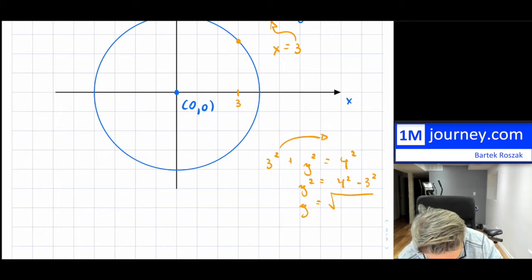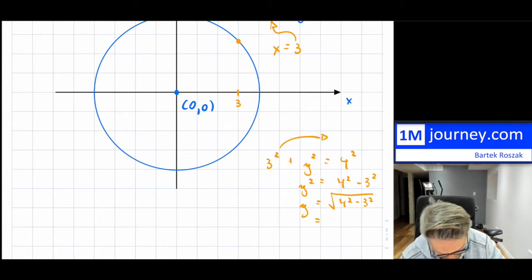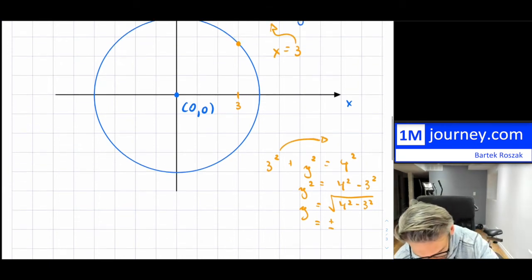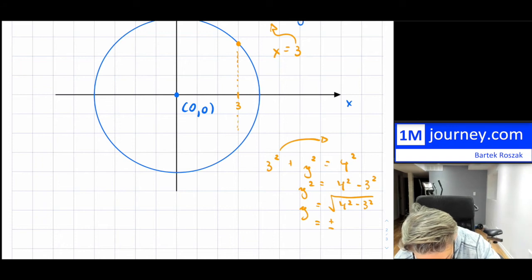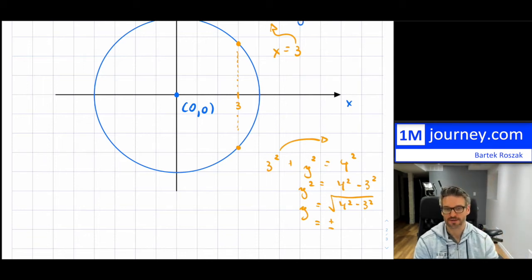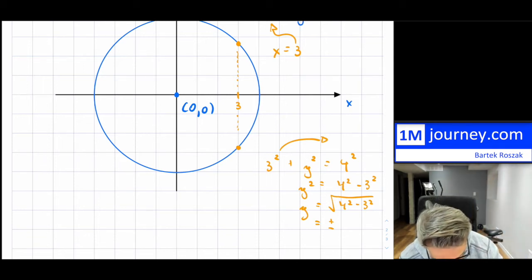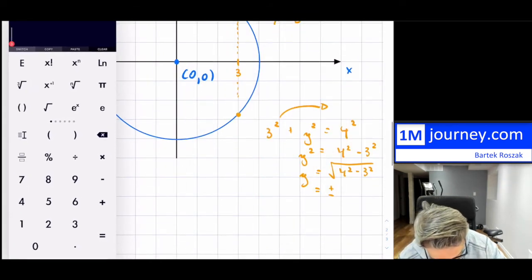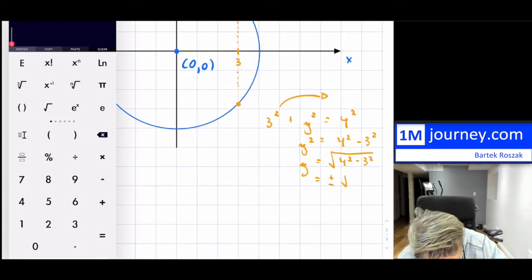So 4 squared minus 3 squared is equal to, now if you take the square root of that, this is going to be plus or minus, right? Because on your circle, you can have the point right there, or you can have the point right here. They're the same points, except one is positive, one is negative. So now 4 squared minus 3 squared, I guess it's 16 minus 9.